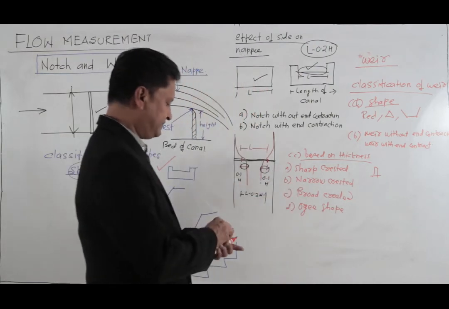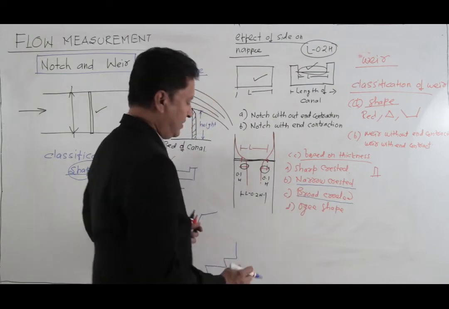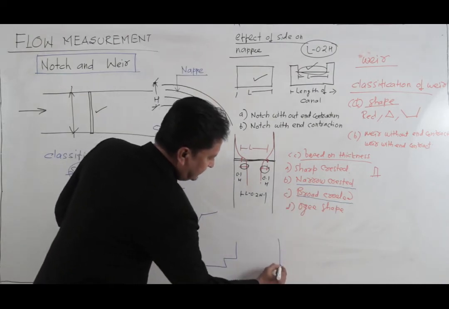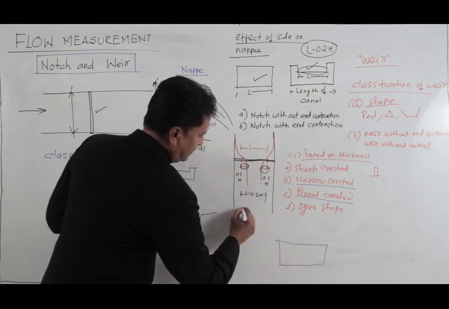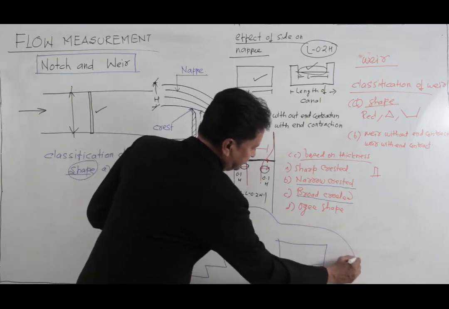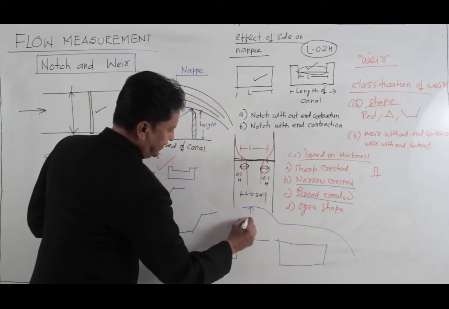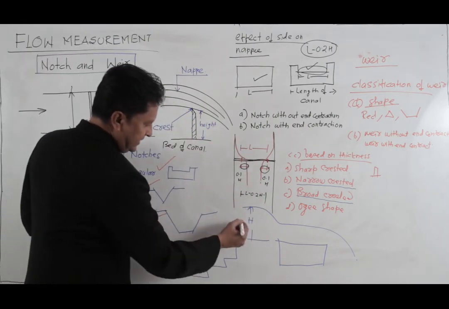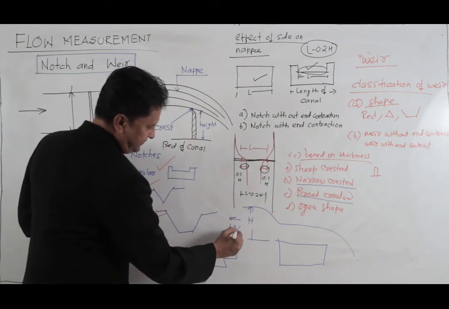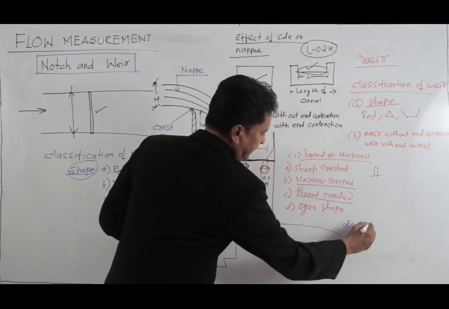Now what is the difference between the narrow crested and the broad crested? Imagine that there is a weir and water is flowing above this. So if this is the head of water on the upstream side of the weir, this side is known as the upstream side, and once it passes, this will be your downstream side.